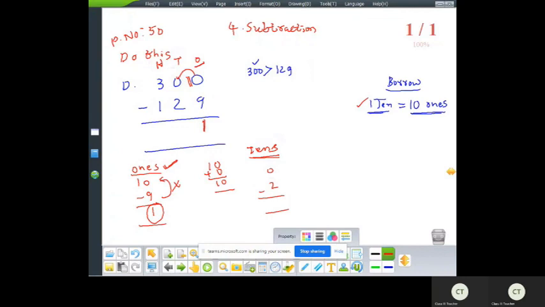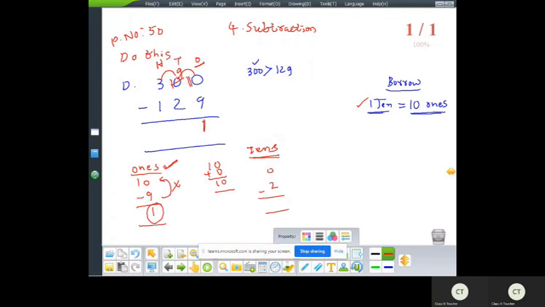We cannot take 2 from 0. Again we need to borrow from the beside number. Actually, it is 10, but from this 10 we already took borrow. Here 9. Already 1 went outside as borrow.